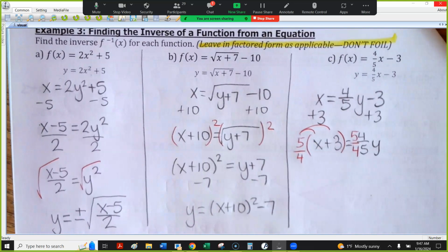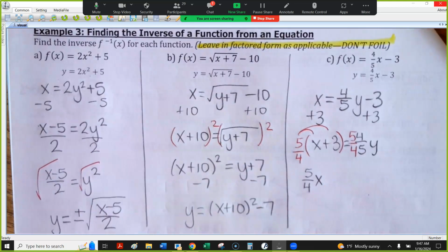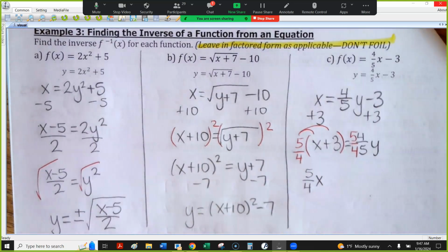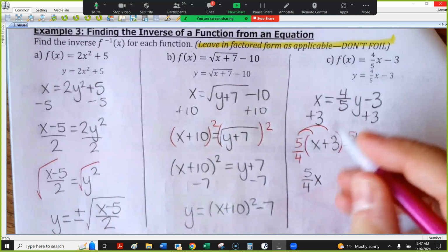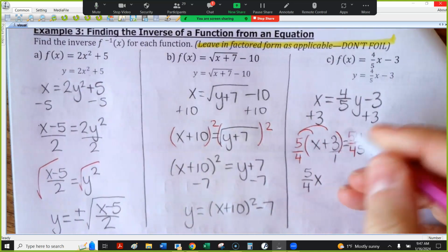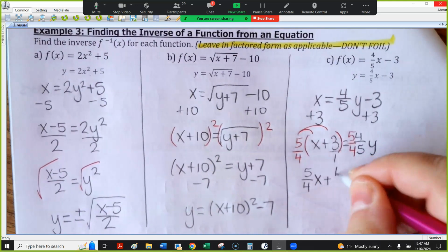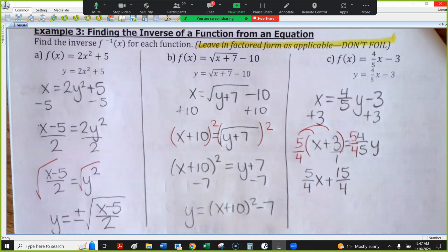All right, so I'm going to write 5/4 x. That would basically be the slope of my inverse. And this is not a nice number, but if I multiply 5/4 times 3, just think of that as like 3/1. So I'm going to do 5 times 3, that'd be on the top, which would be 15. 4 times 1 would be 4. That doesn't reduce or anything like that, so just leave it alone.